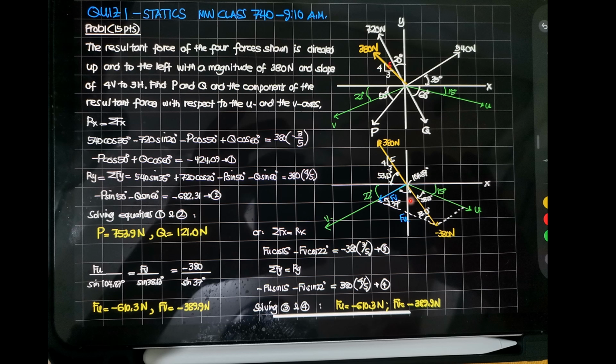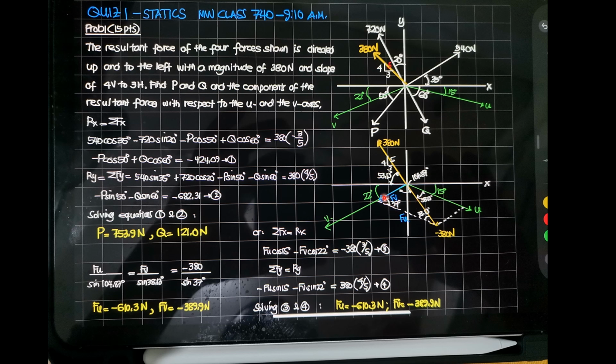This angle, 36.87 degrees, is equal to 90 degrees minus 15 degrees minus 38.13 degrees, or simply 90 degrees minus 53.13 degrees. So 36.87 plus 68 is equal to 104.87 degrees.